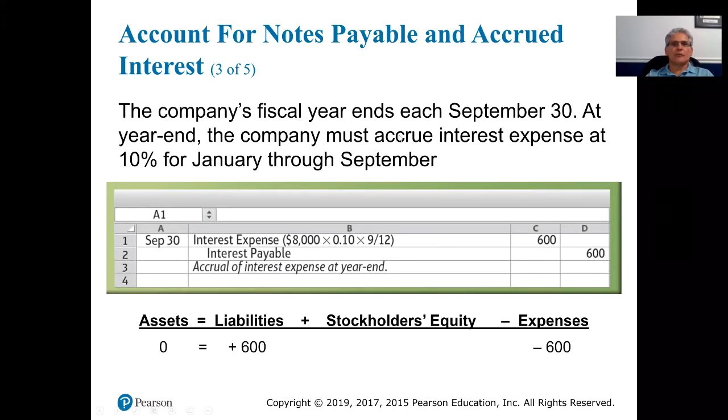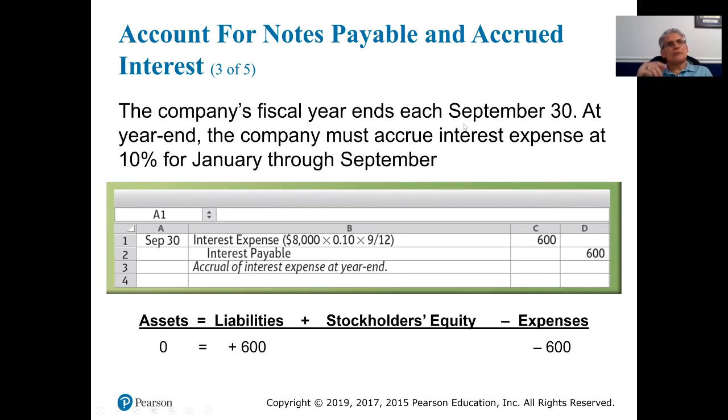All right, the company's fiscal year ends September 30th. So they took the note on January 1st, but the fiscal year ends September 30th. That means that 9 months after the issuance of the note, they're going to produce a set of financial statements.